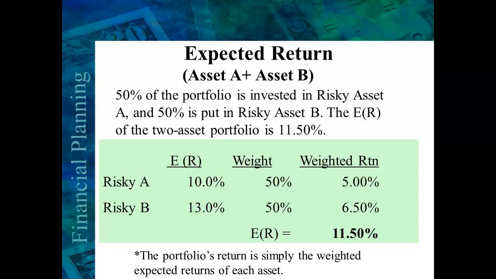The original risky asset, asset A, is again only 50% of the portfolio, but this time the other 50% is invested in risky asset B. As you clearly understand by now, the return of the two-asset portfolio is simply the weighted average. 50% times an expected risky return of 10% plus 50% of an expected risky return of 13% equals an expected return of 11.5%.